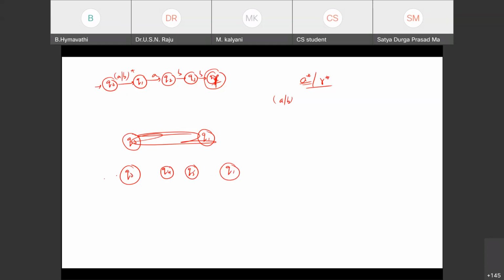Now can you tell me what transitions I need to write? The remaining part is the same: Q2, Q3, QF, this is A, B, B. Now how to fill this? Q0 to Q4 epsilon. Q4 to Q5 A comma B, or A or B, whatever you want to write.